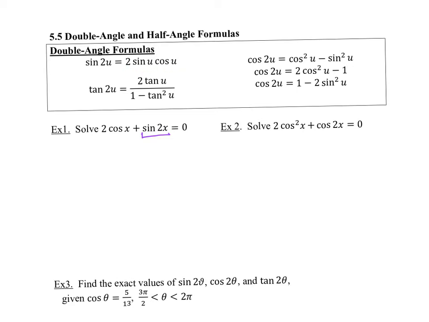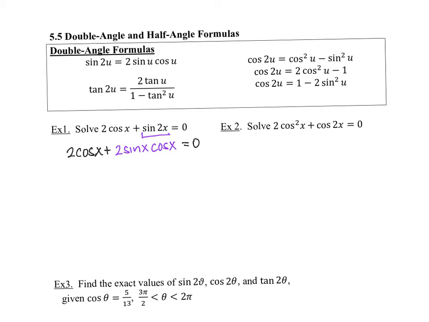So I'm going to replace sine 2x with 2 sine x cosine x, and then I'm going to solve it that way because then at least they will both have an argument of x. So 2 cosine x plus 2 sine x cosine x equals 0. Okay, now since everything's kind of in terms of x, I can solve like normal.